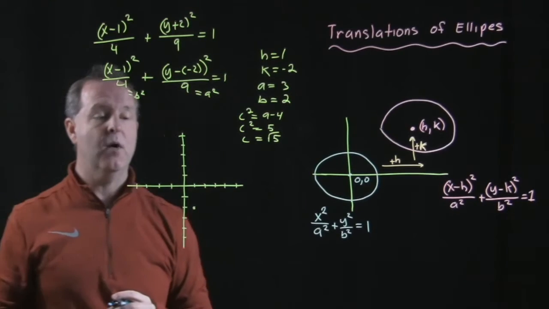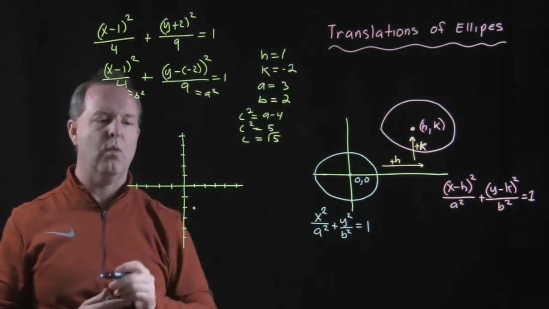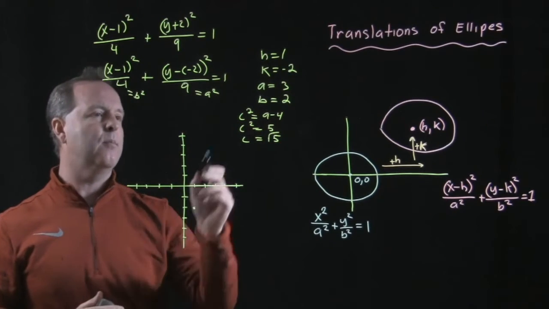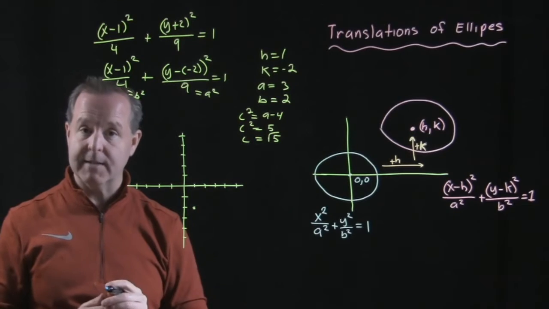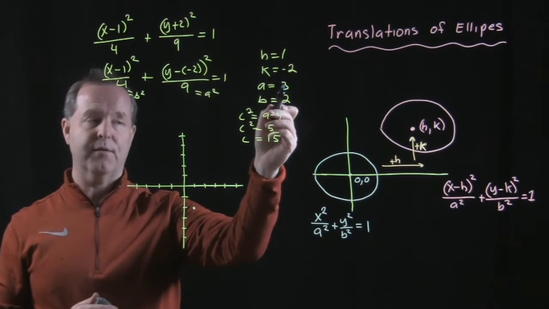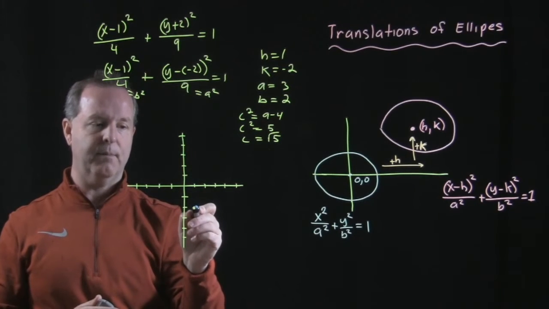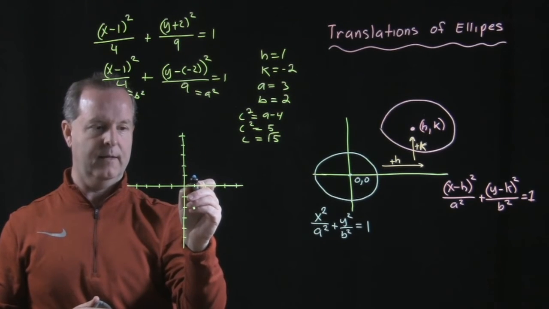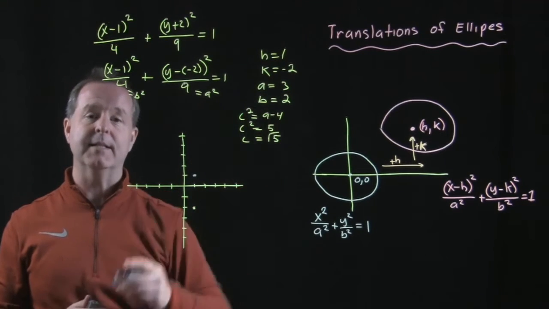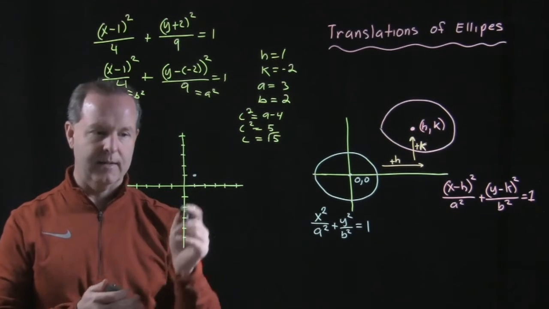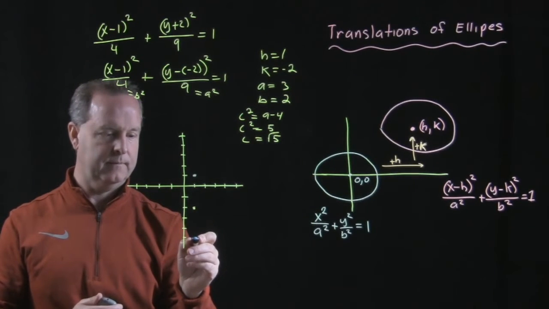From there, we know that my major axis is vertical, which means it runs parallel to the y-axis. My vertex is 3 units above the center, not at the point (3, 0) or (0, 3), but 3 points above the center point: 1, 2, and 3. That's an important distinction to remember. And likewise, this a represents the distance from the center, not from (0, 0), so 3 points down.